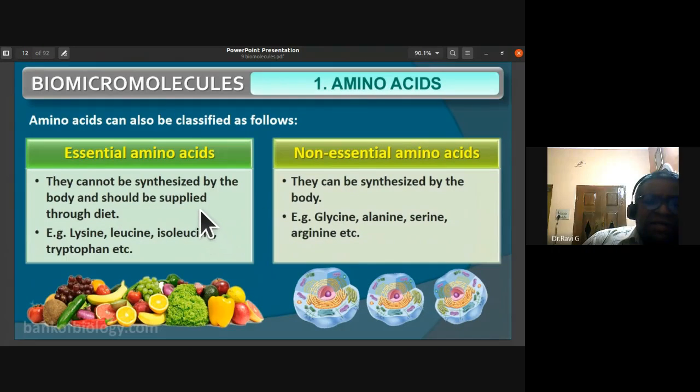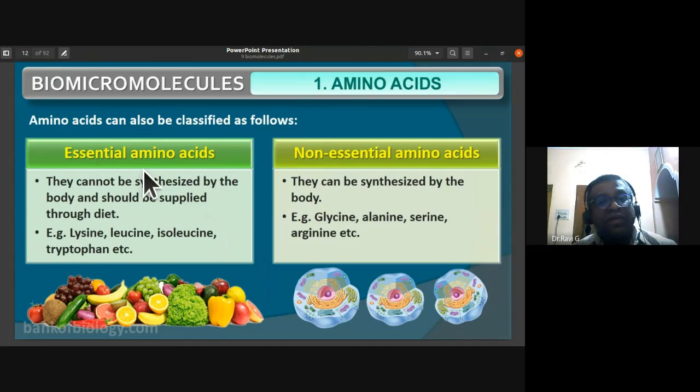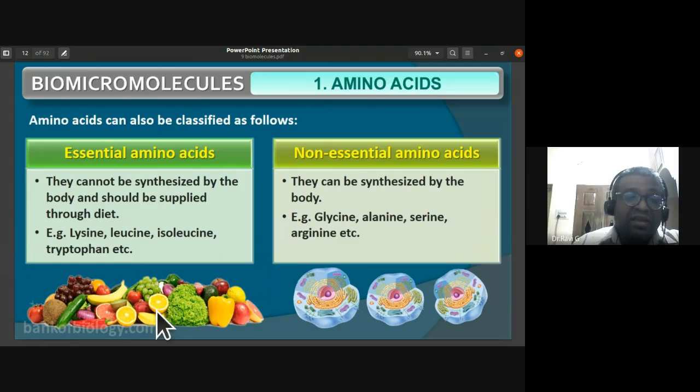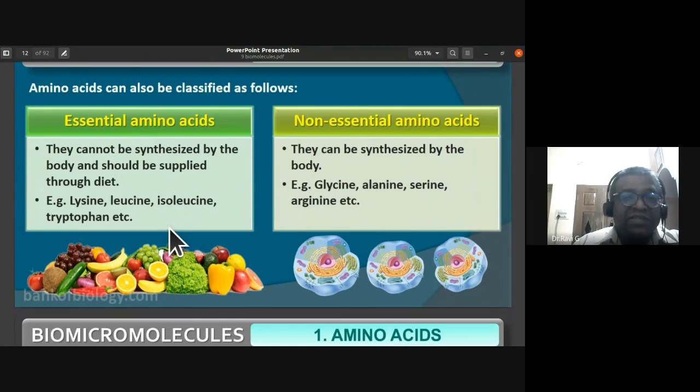See, amino acids can also be classified as essential amino acids. The essential amino acids are not synthesized by the body and they should be obtained only through diet, the food that we intake. Example, lysine, leucine, isoleucine, tryptophan. So they are all the essential amino acids which we obtain through the food.